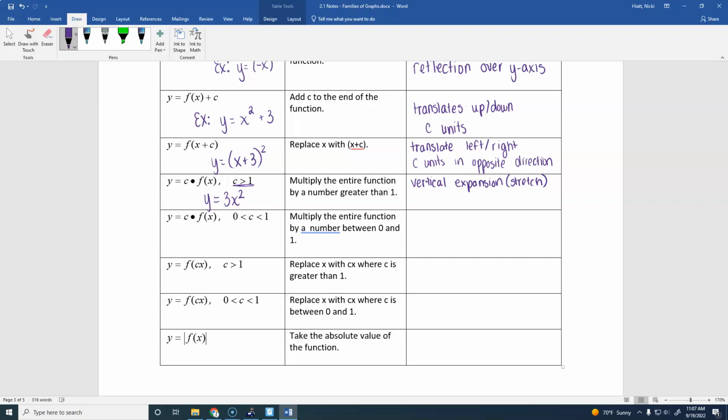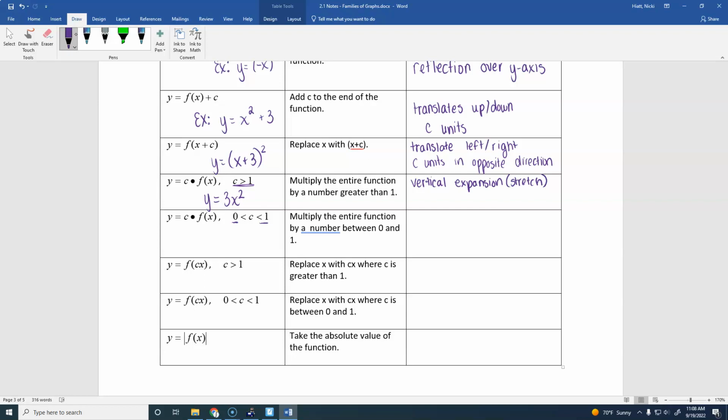Now, what about if that number is smaller than 1? And we're not going to include negatives because negatives are reflections. So we're not going to think about negatives. If you multiply by -2, you think about the negative and the 2 separately. The negative is a reflection. The 2 is the number that you look at. So what about if I multiply something by a number between 0 and 1?